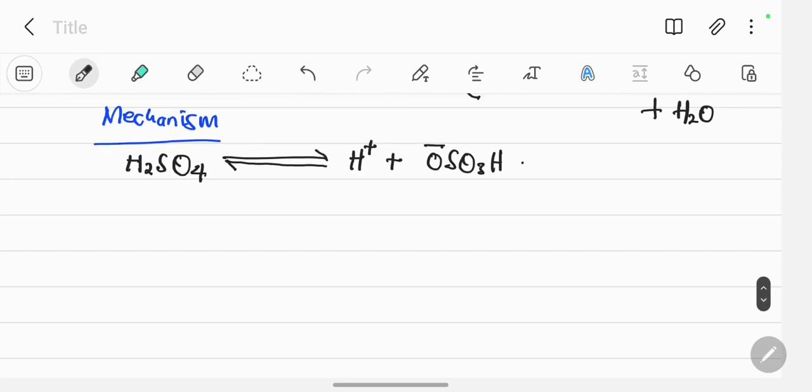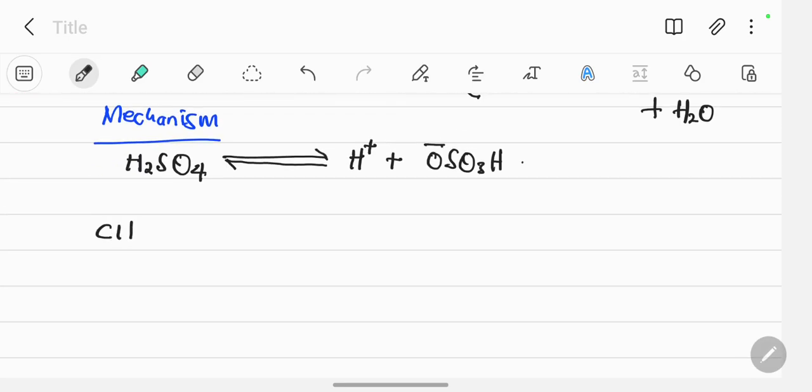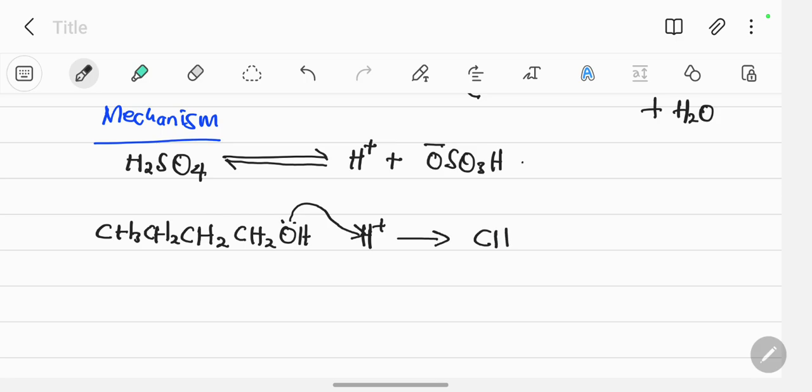Then we have the hydrogen attacking the alcohol, CH3CH2CH2CH2OH. So it's going to attack those lone pairs of electrons, giving us CH3CH2CH2CH2OH2, like that.